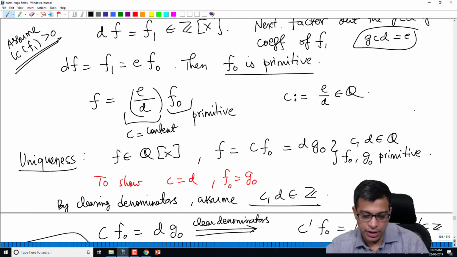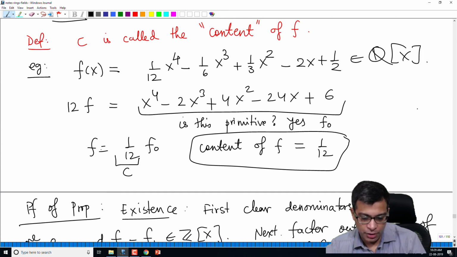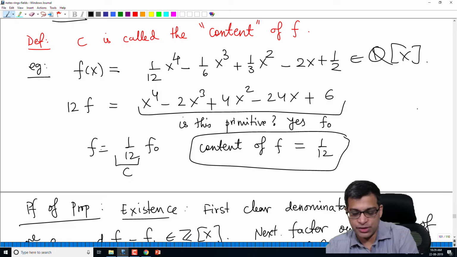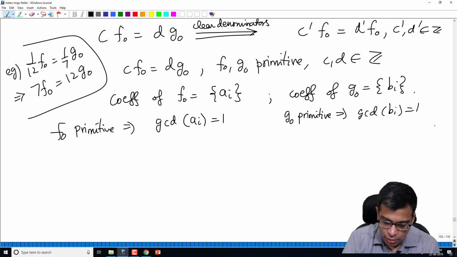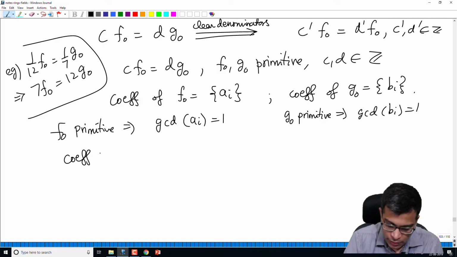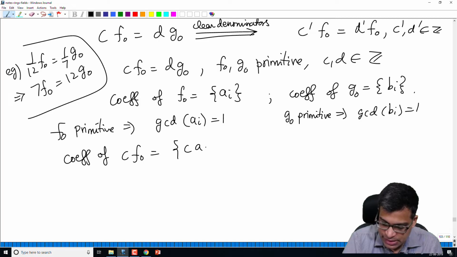Right? f0 is a primitive polynomial. In this example, x to the 4 minus 2x cubed and so on is a primitive polynomial. So a4 is 3, a3 is 2, a2 is 4, a1 is minus 24, a0 is 6. The GCD of all these coefficients is 1. But what are the coefficients of C f0? This is just C ai, right?